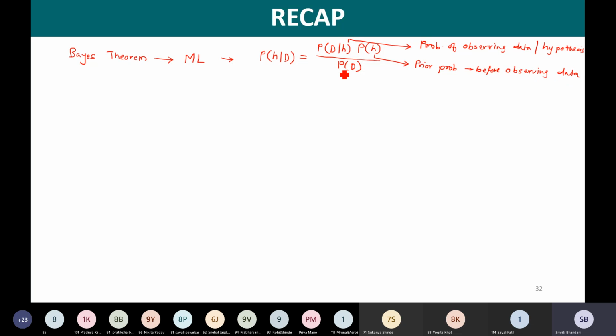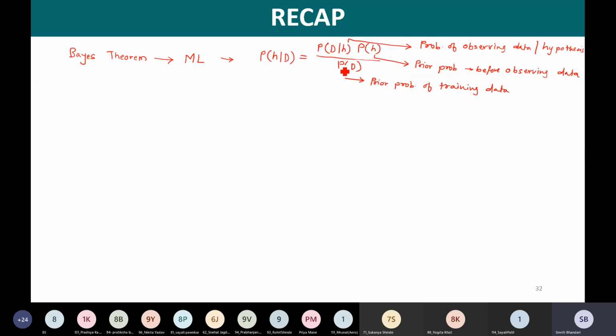And what is probability of D? It is the prior probability of training data. So while computing this prior probability of training data, we are assuming there is no knowledge about the hypothesis, right?